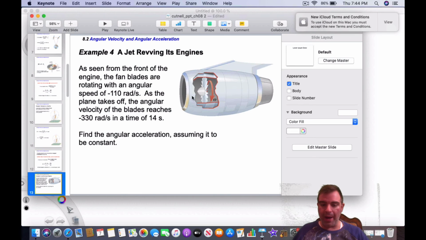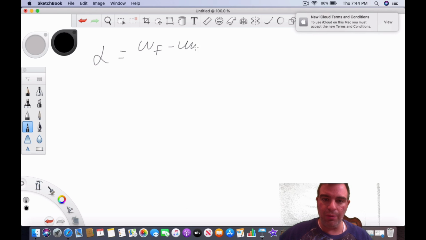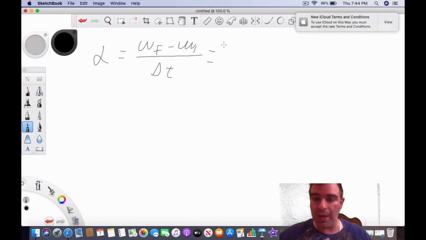So we go back to our trusty sketchbook. Angular acceleration is given by this little symbol alpha. It is omega, the angular velocity final, minus angular velocity initial, divided by delta t. Now we simply plug the values in.